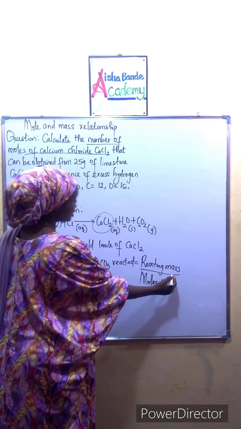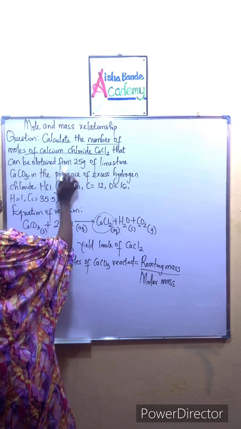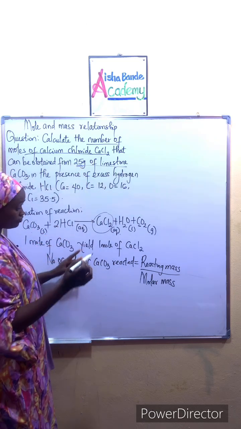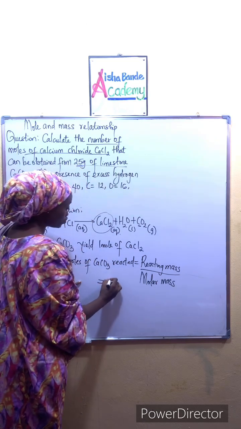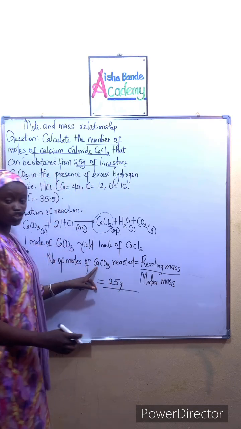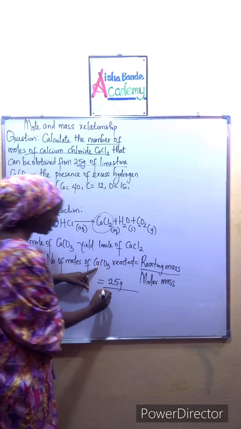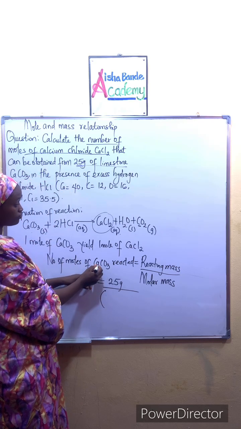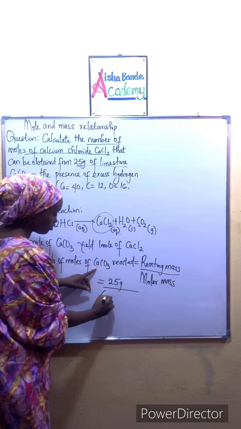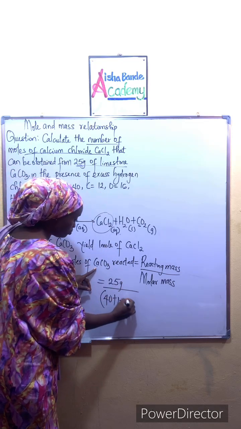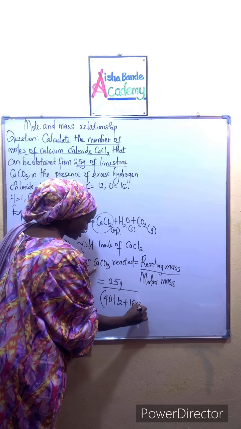So the reacting mass, which is given from the question, it says that from 25 grams of limestone, so this is the reacting mass for CaCO3, that is limestone. So we have 25 grams all over the molar mass of CaCO3. Now we have calculated the molar mass. So the atomic mass of calcium, which has been given, is 40 plus carbon, which is 12, plus oxygen, which is 16 times 3.